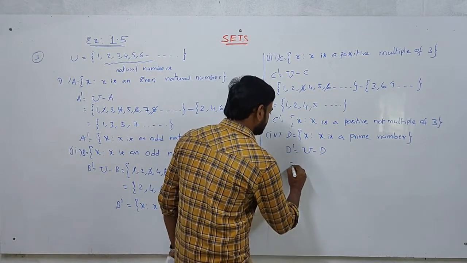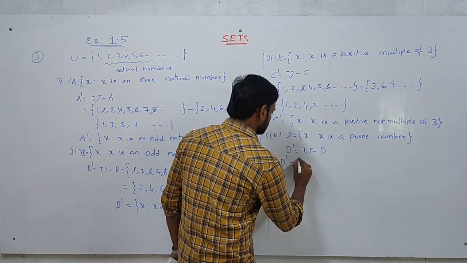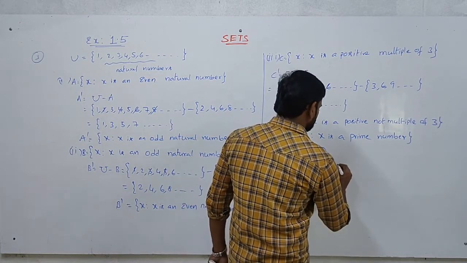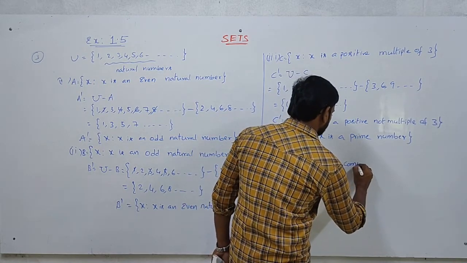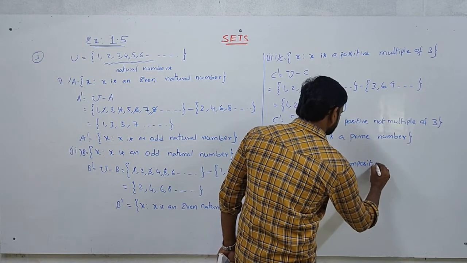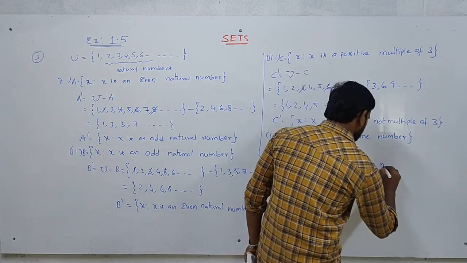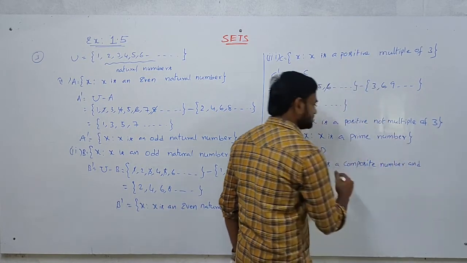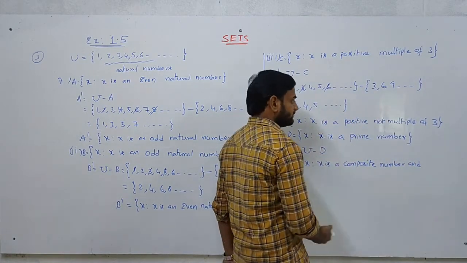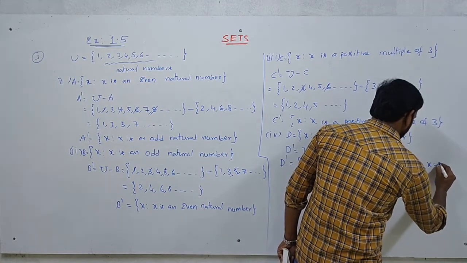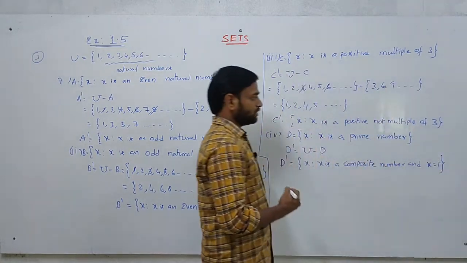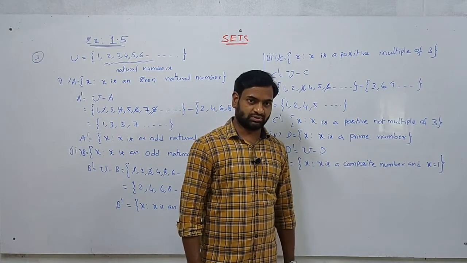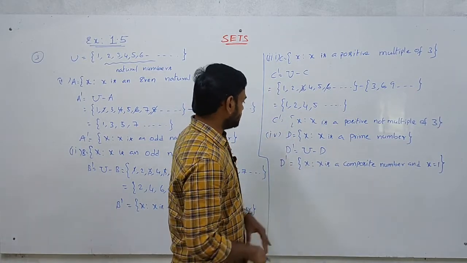So I am adding here D dash equal to x such that x is a composite number, and x equal to 1, because 1 is not a prime number, not a composite number. So it is D dash.